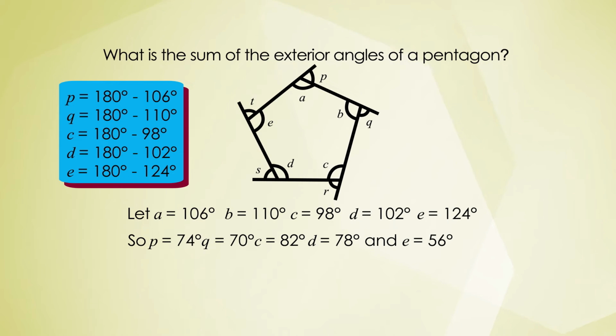To calculate the sum of the exterior angles of the pentagon, we add up the angles P, Q, R, S, and T, and this will give us 360 degrees. Pupils, it is important to remember that the sum of the exterior angles of all polygons is 360 degrees. Well done, pupils! Let's look at a few examples now.